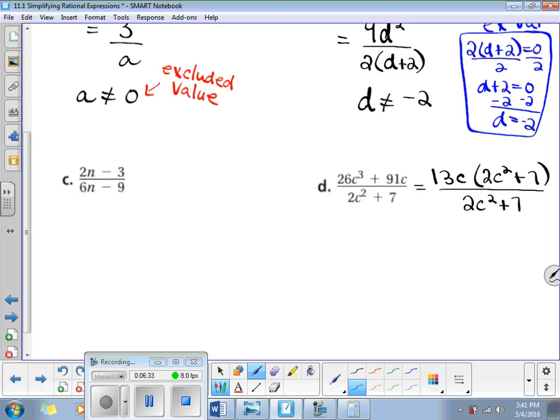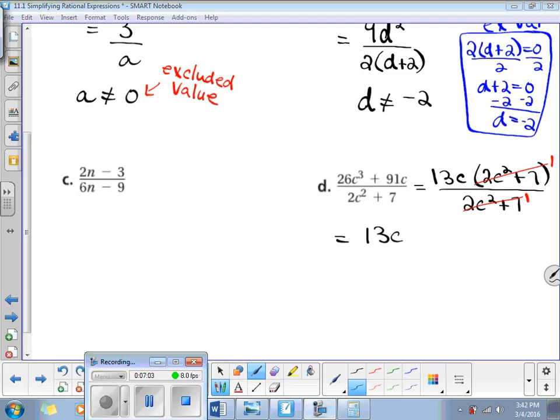Now you have a binomial on top and the same binomial on the bottom. What can you do? Cancel them out. When you cancel them out, what's left in their place? Ones. Very good. So our final answer is 13C times 1, which is 13C, over 1, which is just 13C.